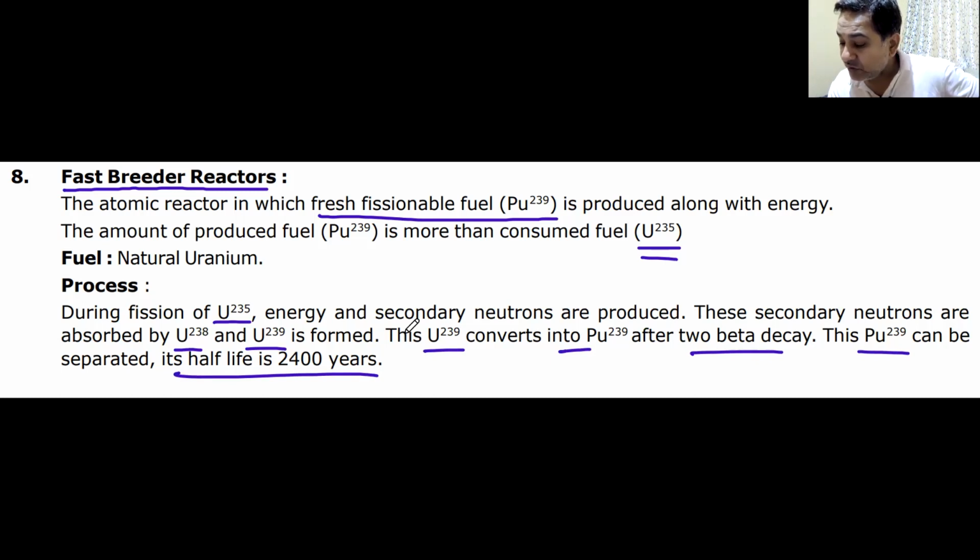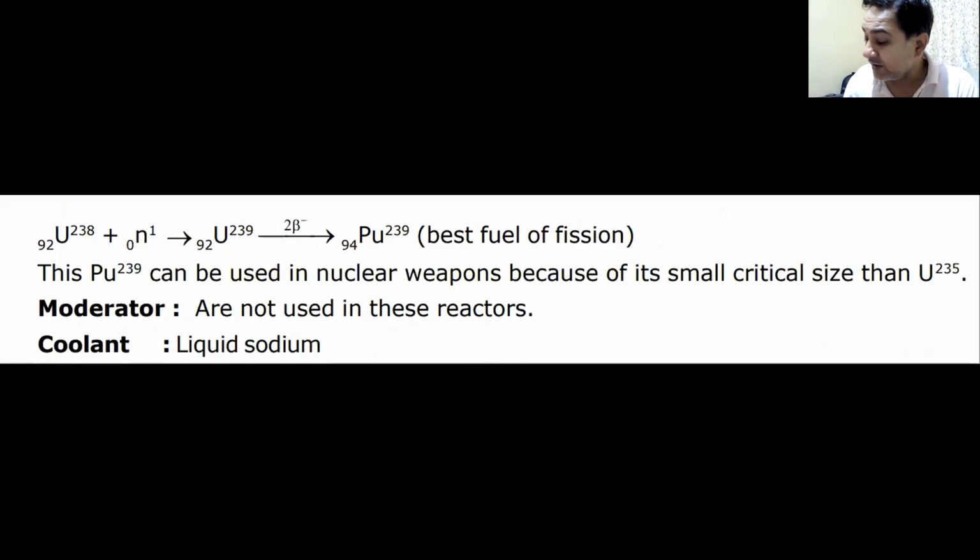Obviously, I'm not making you a nuclear scientist over here, but these are the questions that I have seen, and that is why I am doing this. I hope you have noted this down. Looking at the reaction, this is the reaction that gives us plutonium, the best fuel of fission.